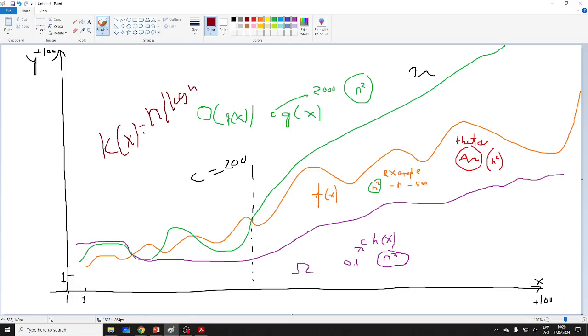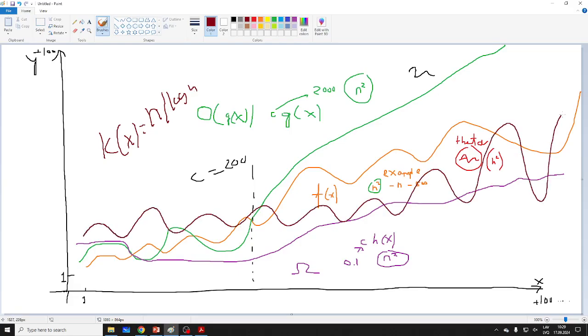It will go like this, probably. It looks like a sine, but something even worse than that, because log n, you can't make any predictions, basically. It's not good for analysis. You could analyze some other way, but not like this.